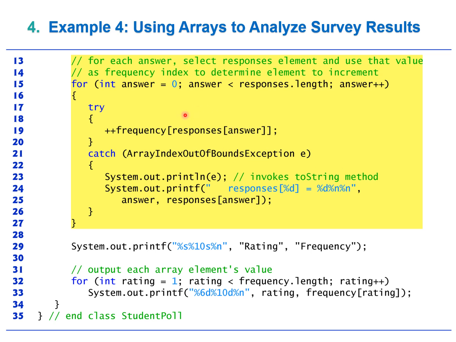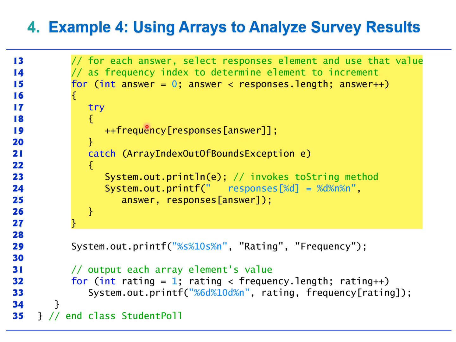In this example, the try block has only one statement, which increments the index variable of the array frequency.